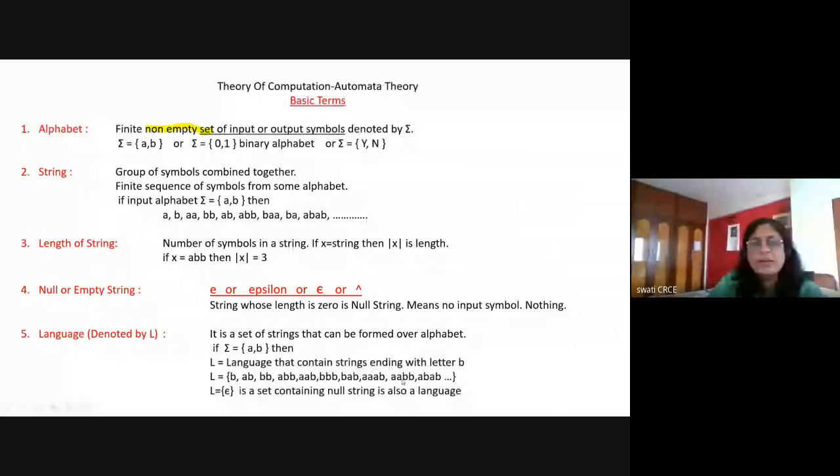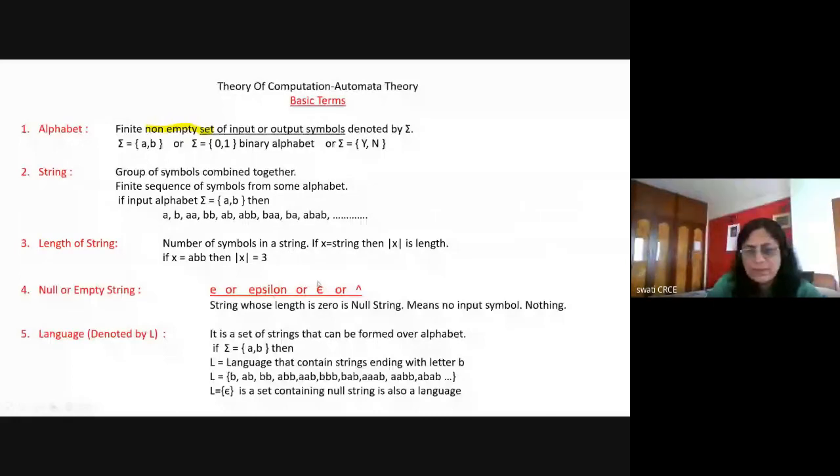You can generate multiple strings, but only the strings ending with small b are part of this language. This language contains a set of words which end with b, and it can have any number of strings, so it can be an infinite set.